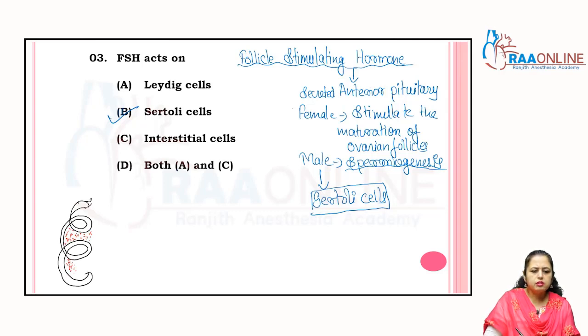These cells are called the interstitial cells, and they were discovered by Leydig. That's why these cells are also known as the Leydig cells, and due to their presence in the interstitial space, they are also known as the interstitial cells, right?